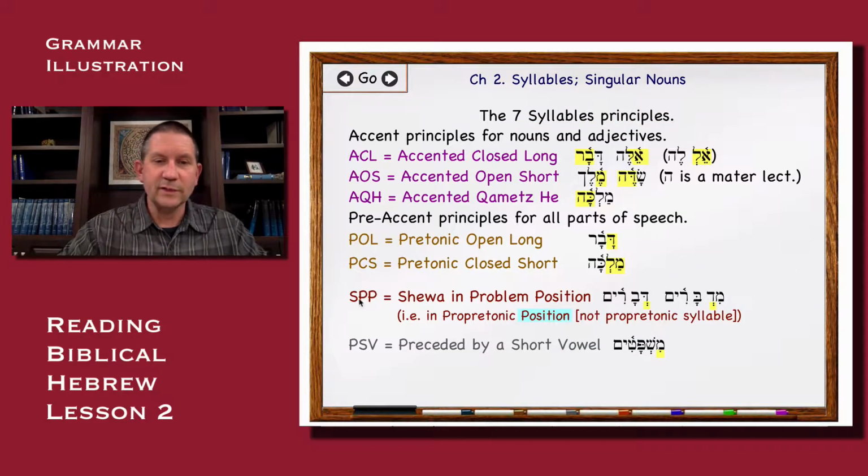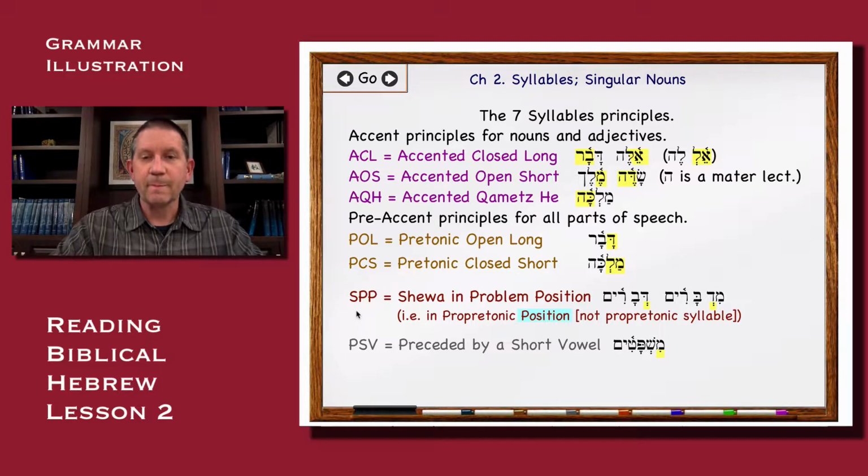Let's go back to our list of the 7 syllable principles. And maybe it's even emphasized more when we have divarim versus midbarim because it's built on dalet beit resh in both cases. When we have something out here in front that pulls the dalet away, it's a silent shava in the distant syllable. When there's nothing out there, it's a vocal shava, it's in the pretonic syllable.